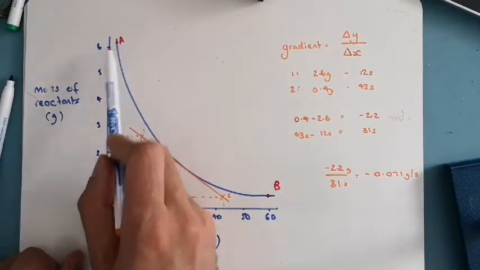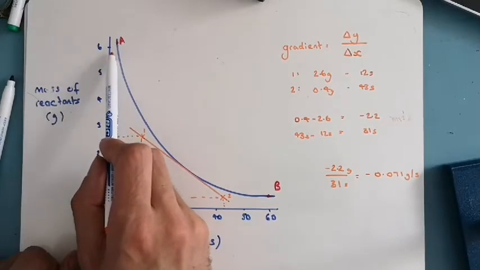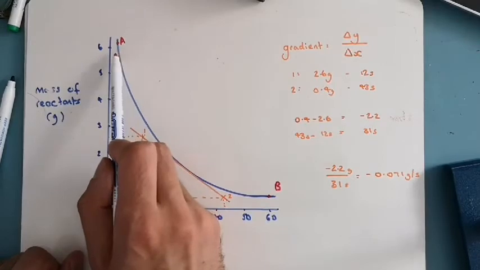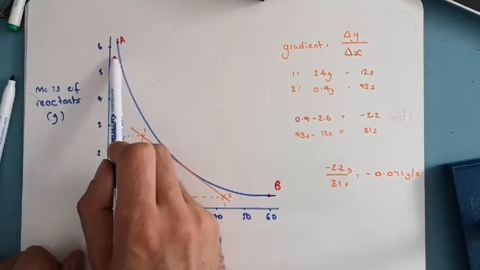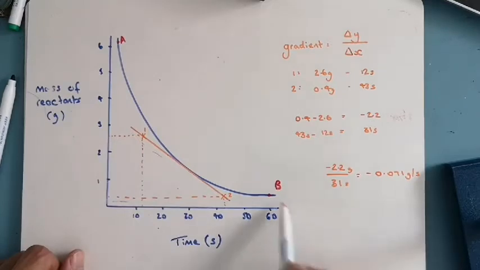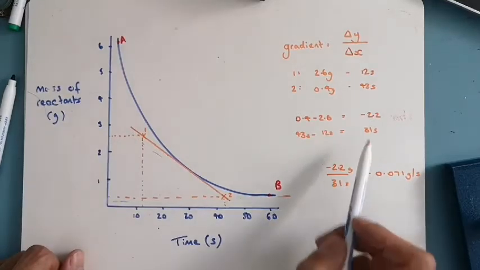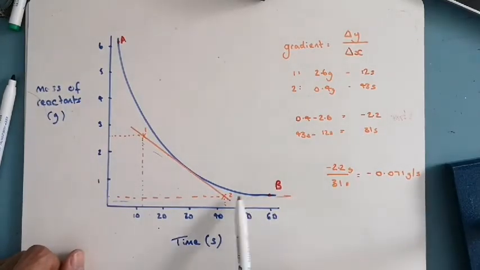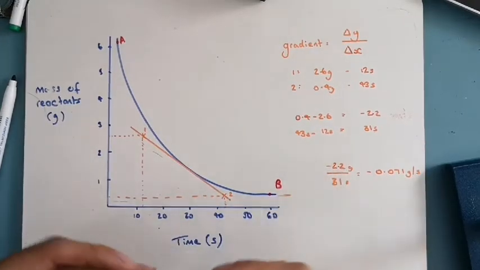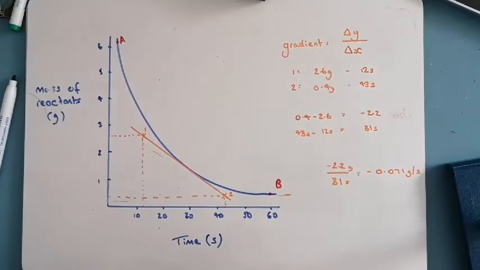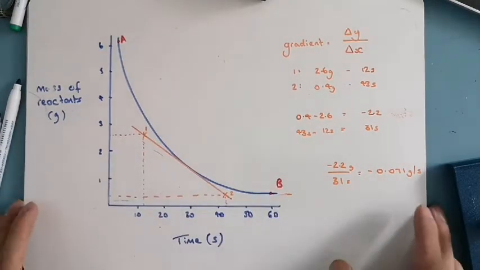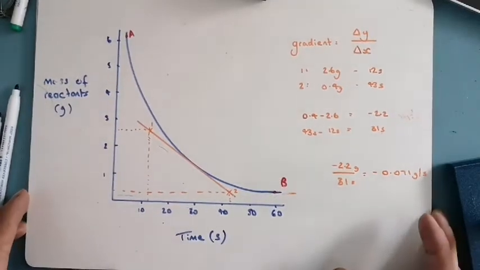At point A, this will be much higher, so you'll get a much more negative value, so it might even be minus 1 gram per second up here, and at B, it'll be very nearly 0 because it's not changing in mass at all. So it'll be the top part of this equation will just be 0, the change in y. So that is how you calculate the gradients from the graphs.